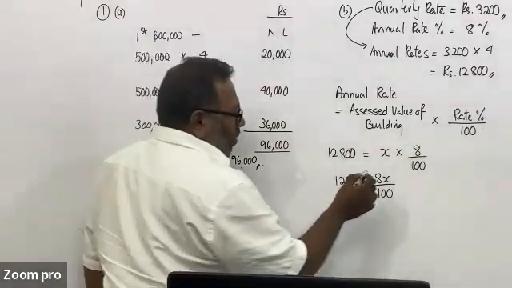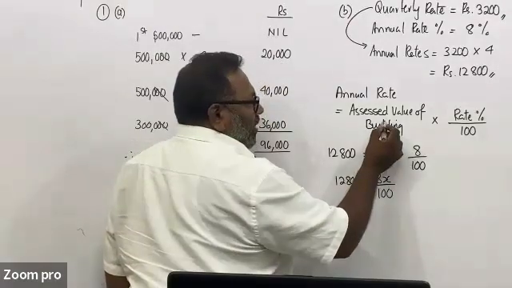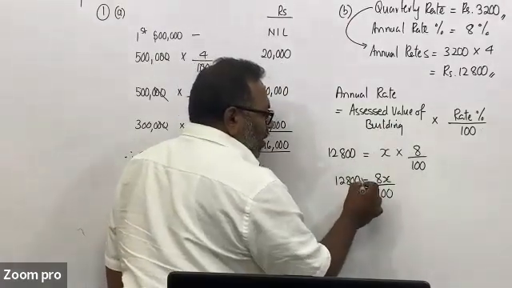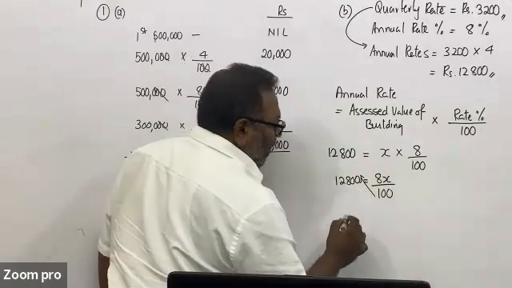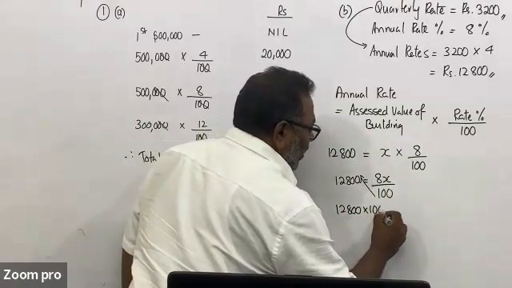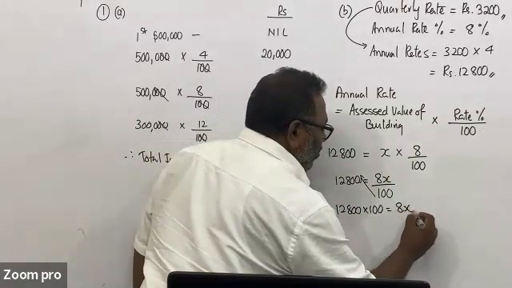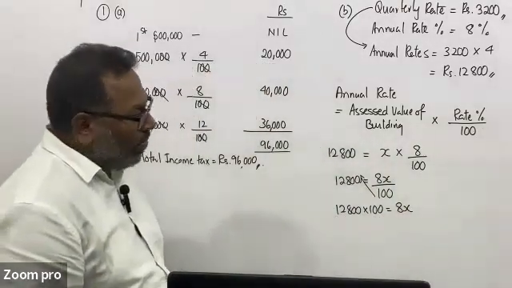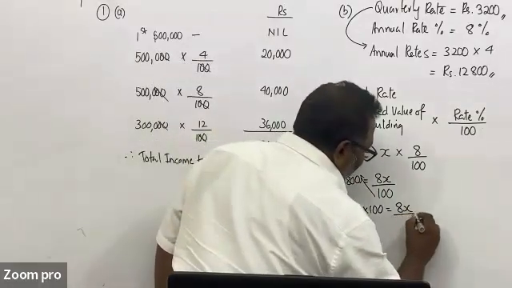We want to find out what X is, the assessed value of the building. Cross multiply. Take the 100 here. So 12,800 into 100 is equal to 8x. Divide by 8.